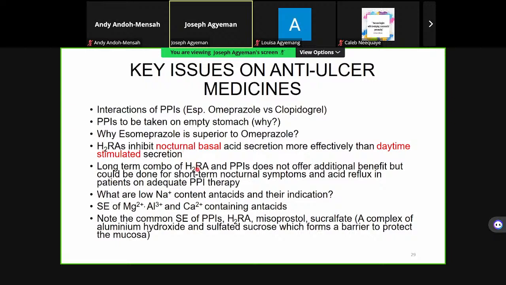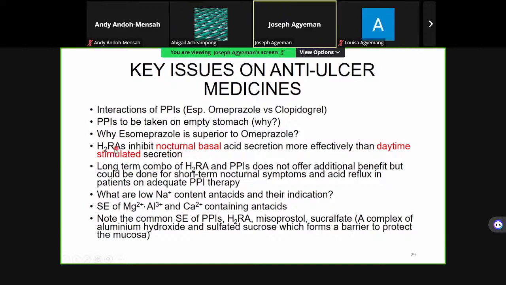But at times we see some prescriptions where the doctors give both H2 receptor antagonists and PPI at the same time; don't rush to say that it's a care issue. Because of this nighttime basal acid control of H2 receptor antagonists, if somebody is on PPIs and still finds problems during the night, a clinician may decide to add an H2 receptor antagonist for nighttime acid control. And for that matter, you may see both, say, cimetidine and omeprazole on the same prescription.